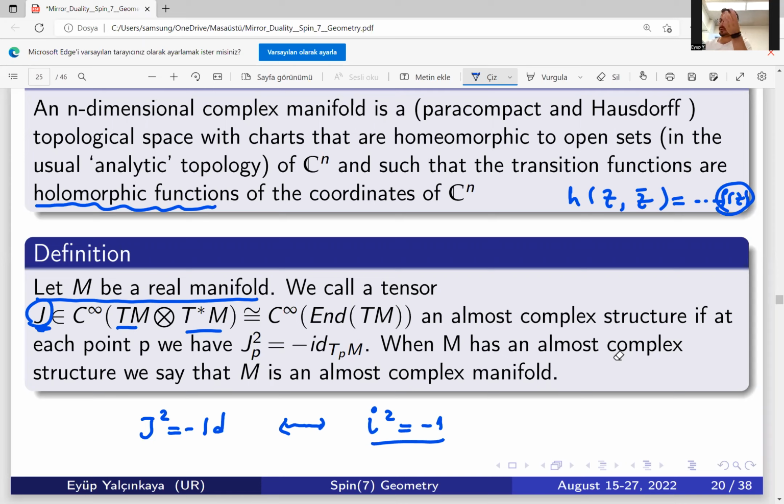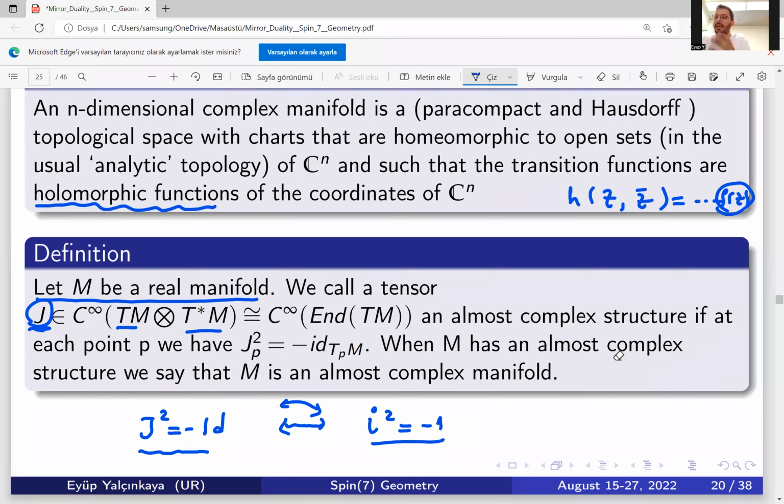If you think about n-dimensional objects, you have to think about matrix algebra, and J squared has to be the minus identity matrix. So this is the generalization of the i squared equals -1 idea. If any real manifold has such a J and J squared satisfies minus identity, we can say that this real manifold has an almost complex structure.